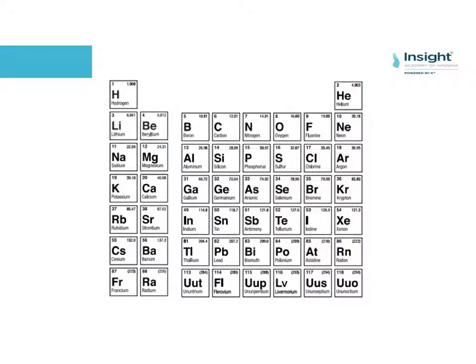Quick review. This group A ion pattern, I keep telling you it's going to come back to haunt you. Make sure you have this down, because it is going to be necessary for forming these ionic compounds.